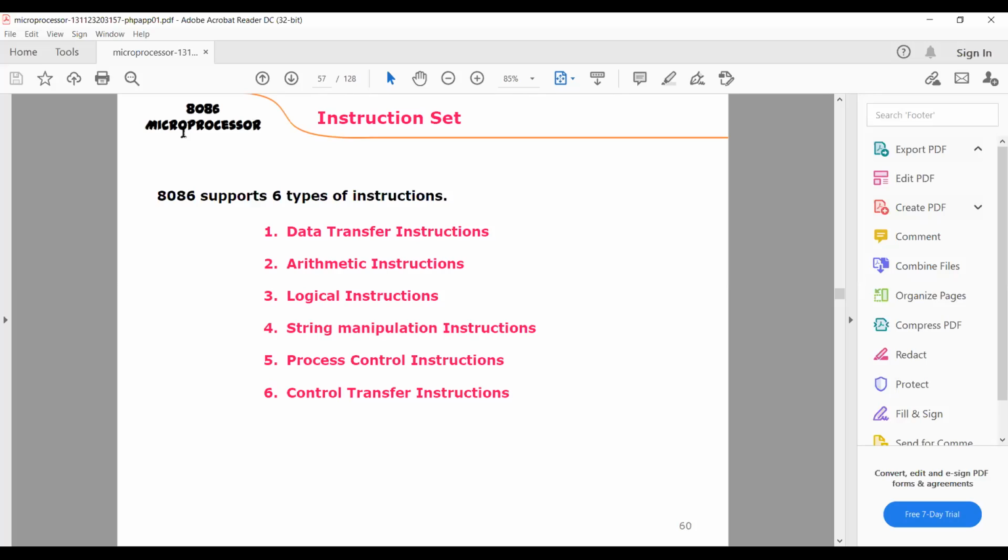But the basis for all those instruction sets is the 8086 instruction set. If you are clear with the 8086 instruction set, then you can understand any instruction set of the microprocessors produced by Intel.